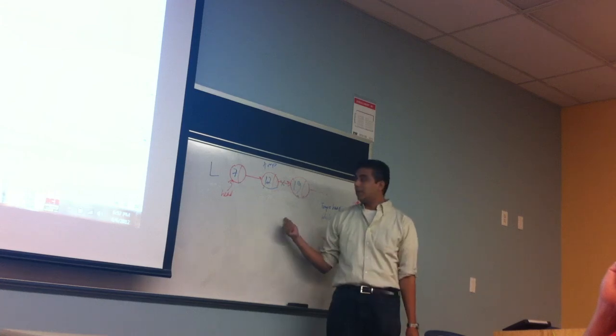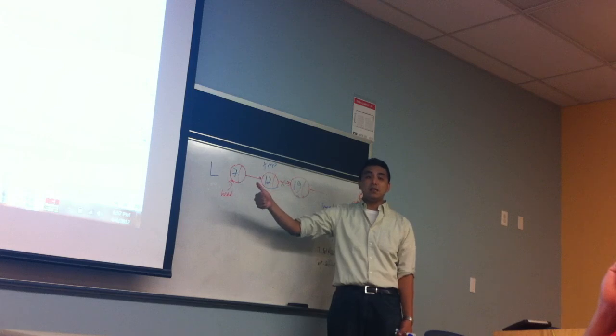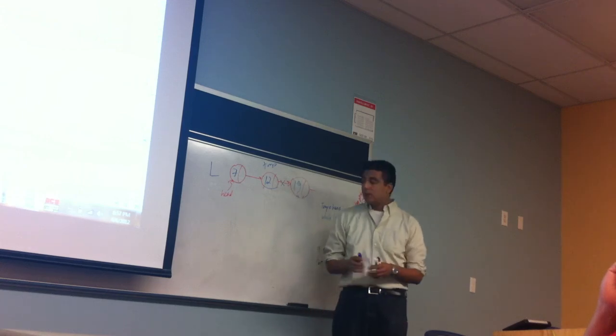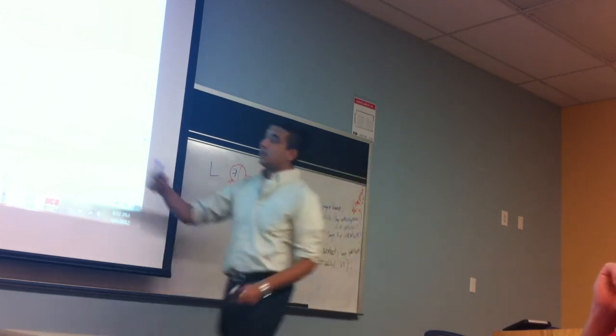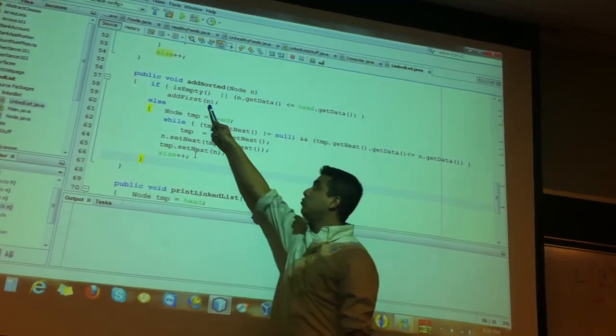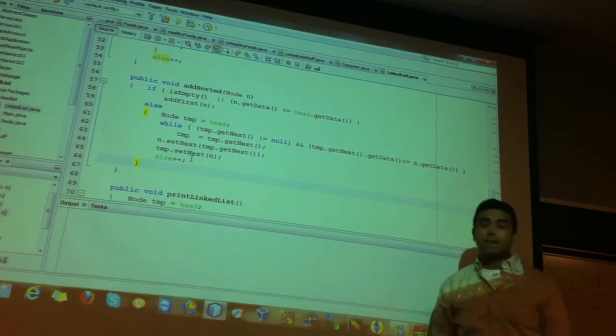Scenario number 2, if the node that has to be inserted is smaller than the head, it has to be the new head, and that is easily achieved by calling our add first from Monday. So that's what I said there. If you read the logic, it says, if the list is empty, or the node you want to insert is already smaller than the current head, then that node should be added at first. Done. Is that clear?